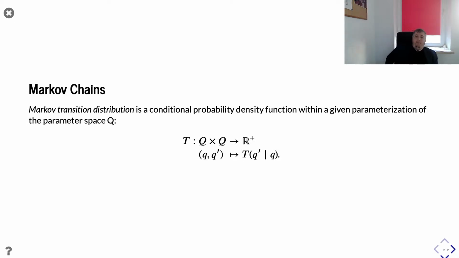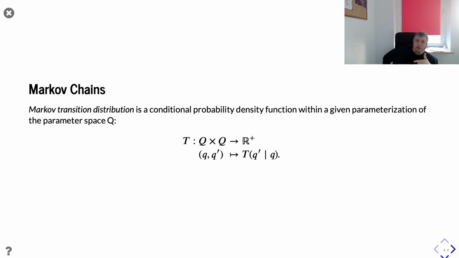Markov chains are processes that move through a certain multidimensional space, assigning the probability of transition from one point to another in the space.